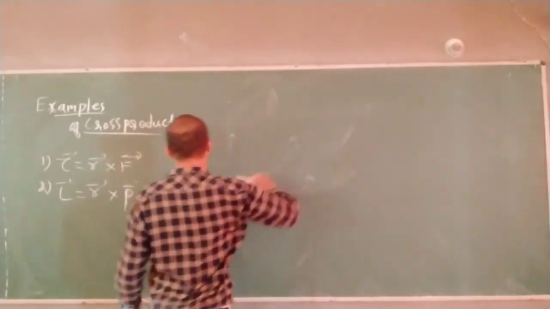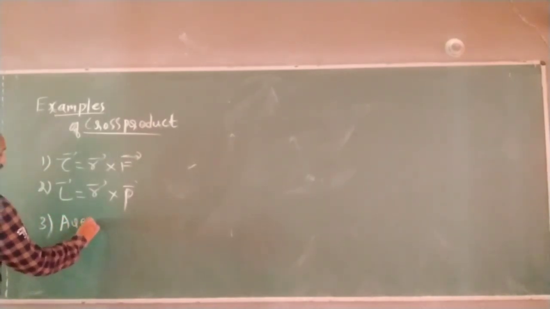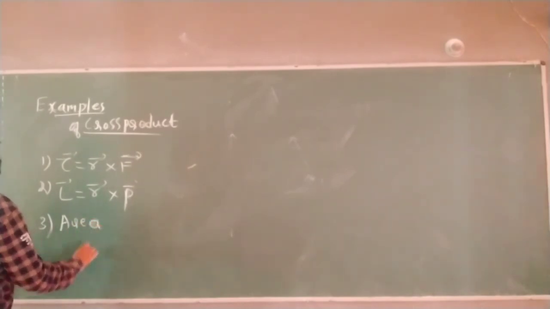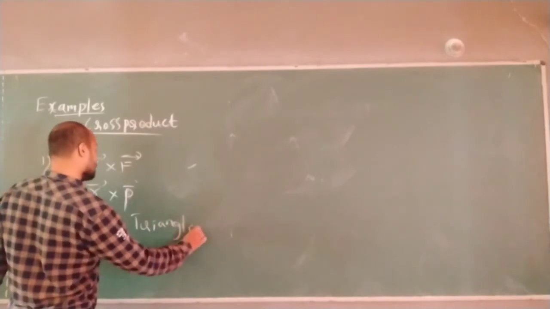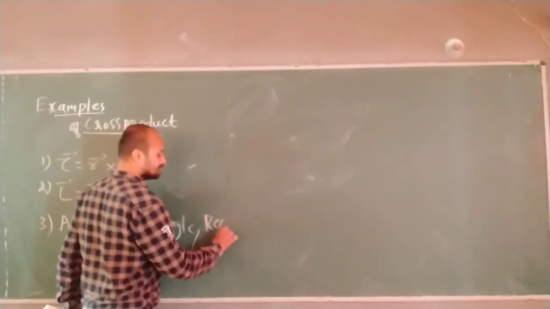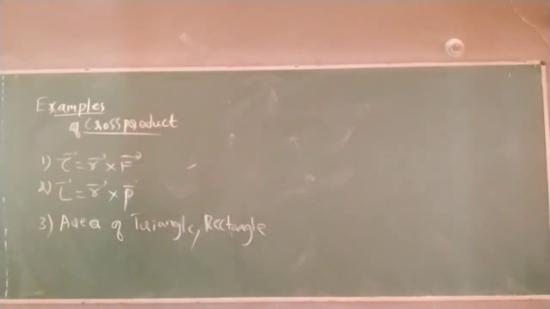Another thing, to find the area of a surface. You can use this to find the area of a surface in vector form, for example area of triangle, rectangle, etc. This is another application.